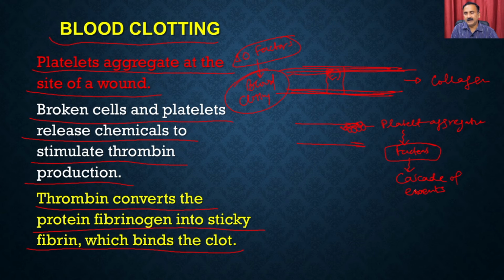Once they start the cascade of events, ultimately what they do is convert the prothrombin into thrombin.